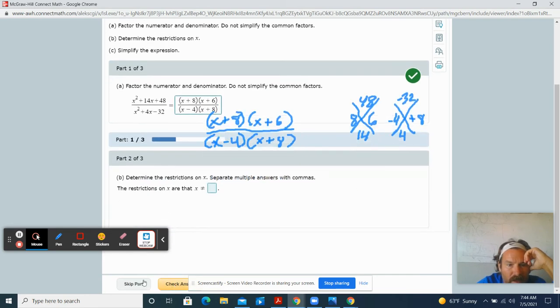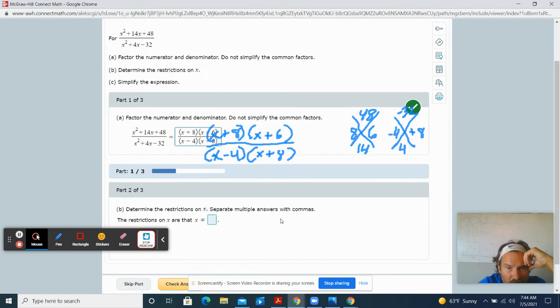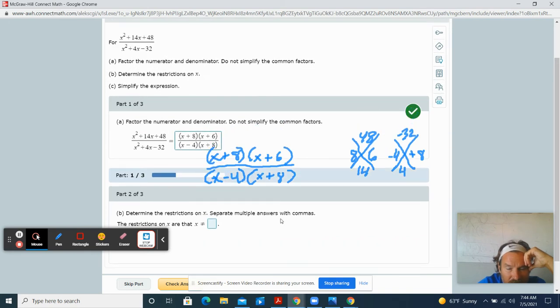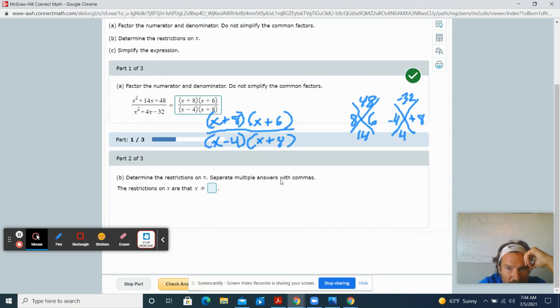Okay. Part 2 asks you to determine the restrictions on x. Separate multiple answers with commas. All right. So these restrictions are, we can never divide by 0 in math.